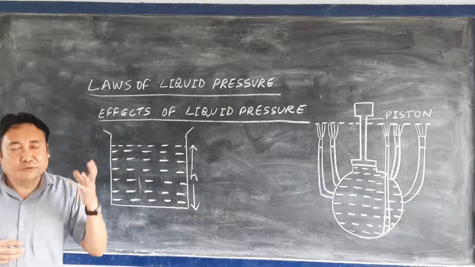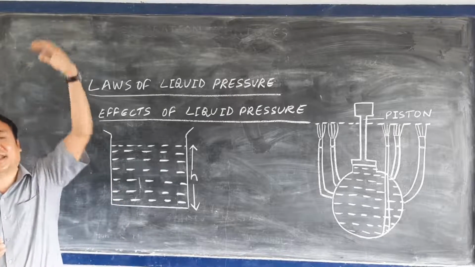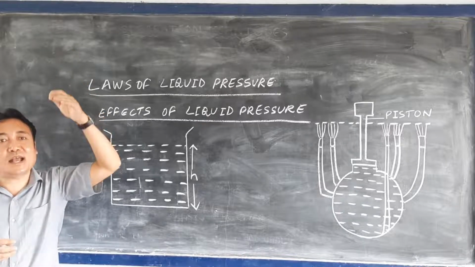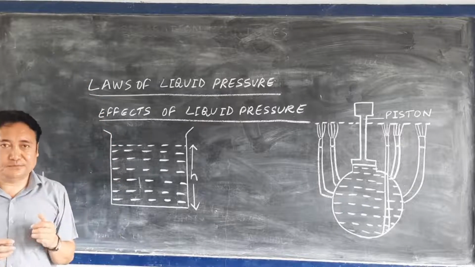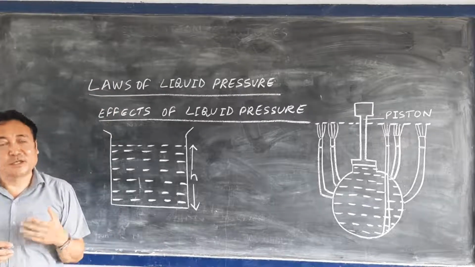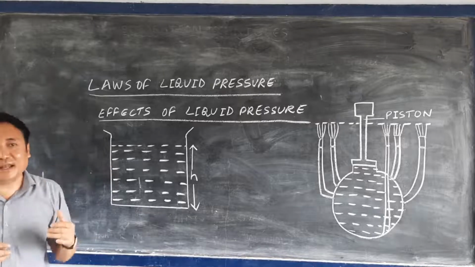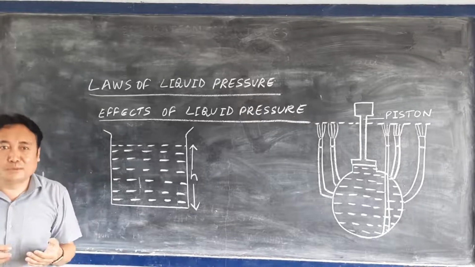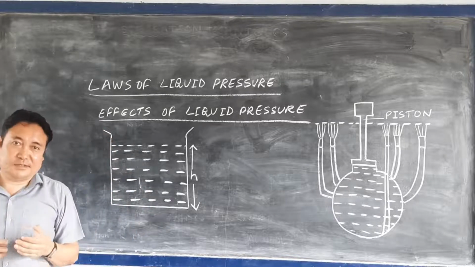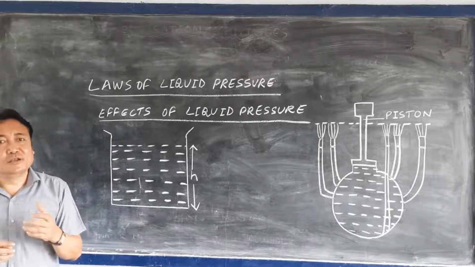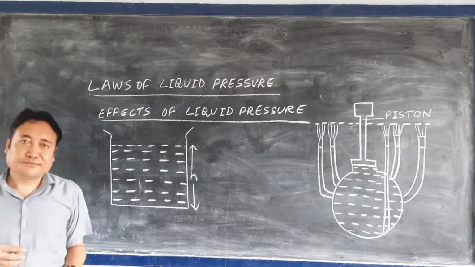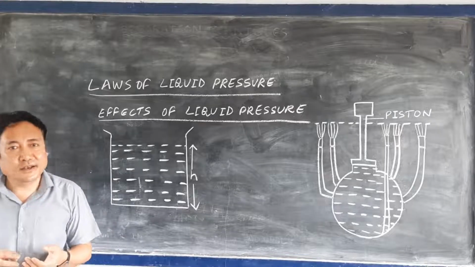When you keep the water tank at a greater height, the pressure exerted by the water will be more, because the greater the height, the greater the pressure. So the water will flow freely through the taps, and more water can flow. That is why water tanks are placed at a greater height.